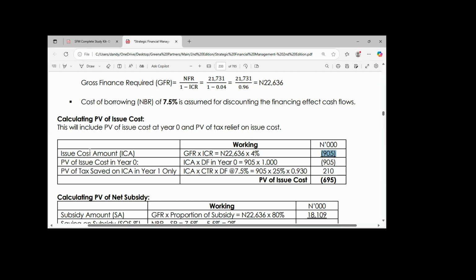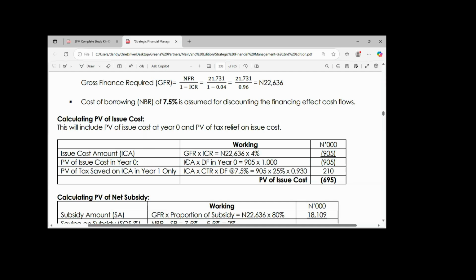Then in step 2, you calculate the present value of the issue cost amount in year 0. I will go back to the question. As far as the issue cost is concerned, am I given debt and equity? In this particular question, the examiner gave us only debt, there's nothing like equity. Since you don't have equity, you focus on the debt.